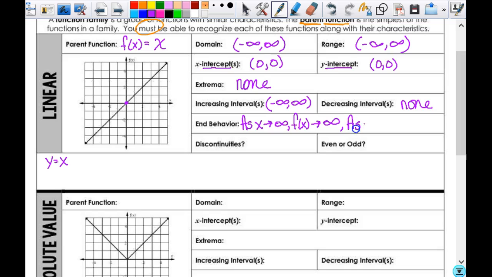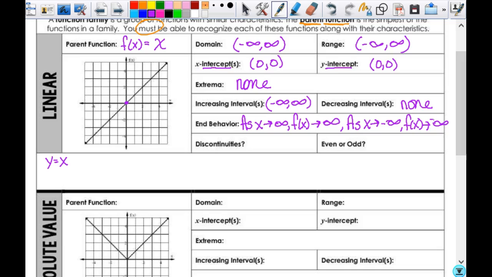Then as x approaches negative infinity, f of x approaches negative infinity. Now I'm going to the left, but this is one of the very few times that's going to happen. As x gets smaller and smaller, my y values also continue on to negative infinity. Dang it, I'm sorry. Negative infinity, still gets smaller.